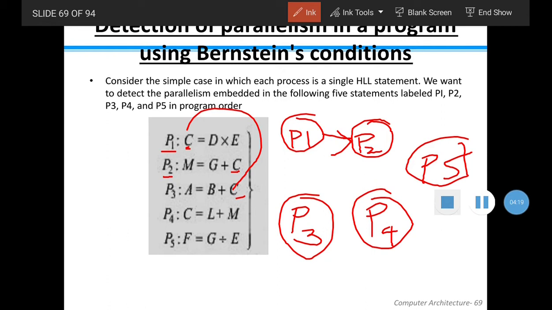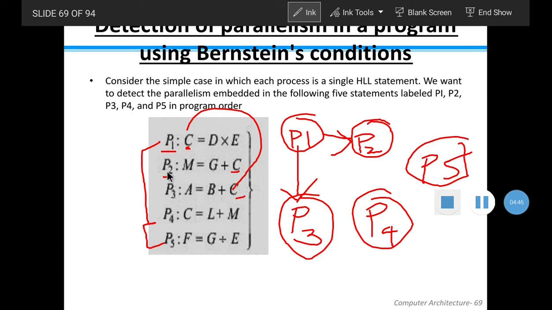So again for P1 and P3 you can draw the flow dependence. And if you go to P1 and P4, C is not used as input, so no problem. Again if you see P1 and P5, there is no C used there, so no problem. Now P1 is compared with P2, P3, P4, P5.